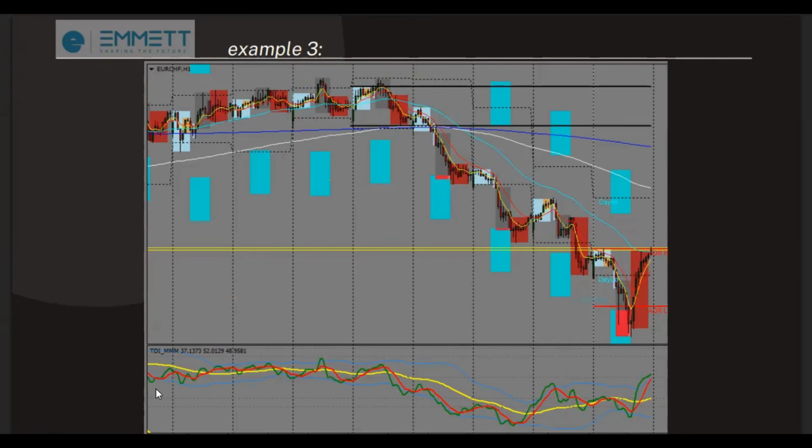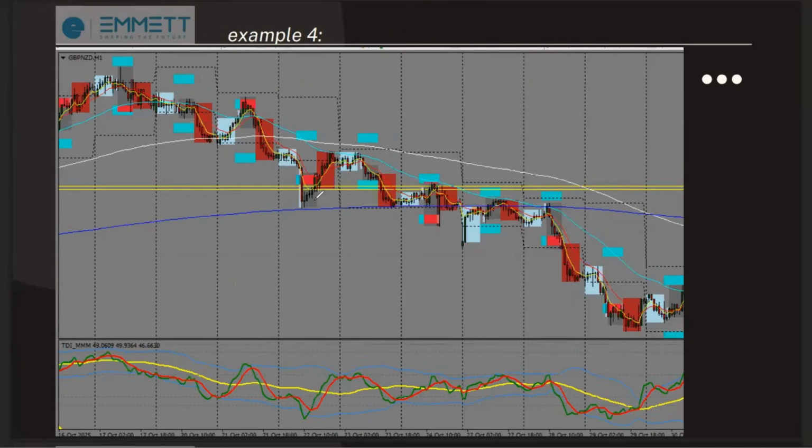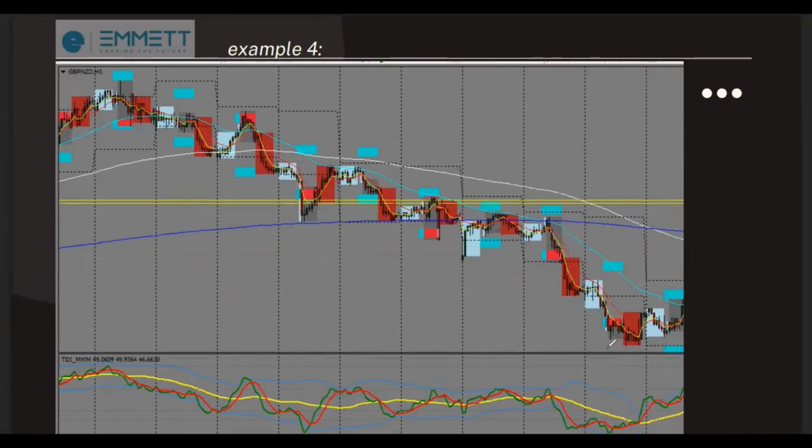All right. And so at this particular point in time, you want to train your mind to see how divergence happens on the price. So this is GBP NZD, and GBP NZD has been bearish. But now you notice what is happening from this particular point here.